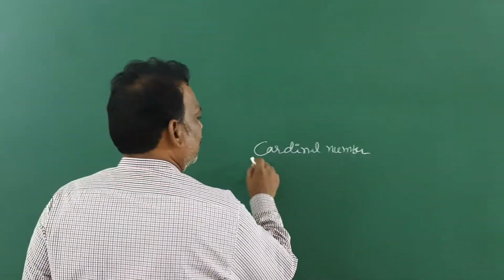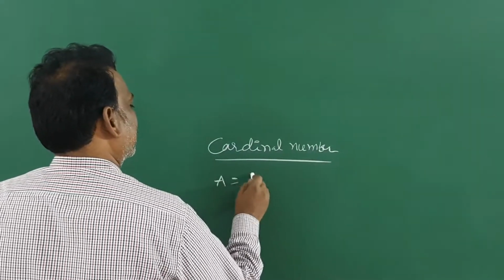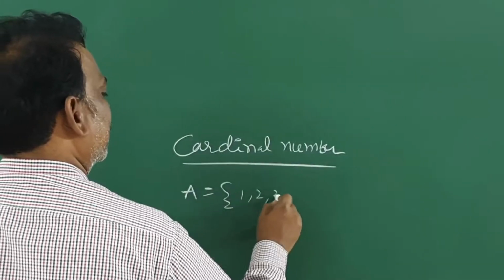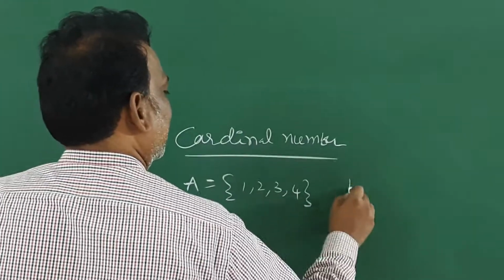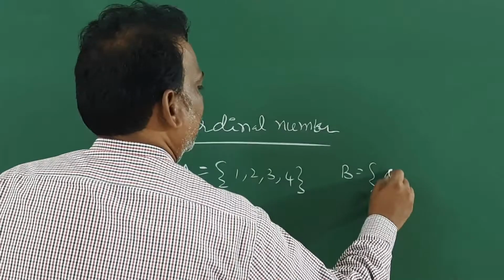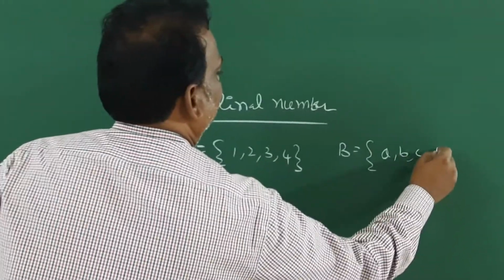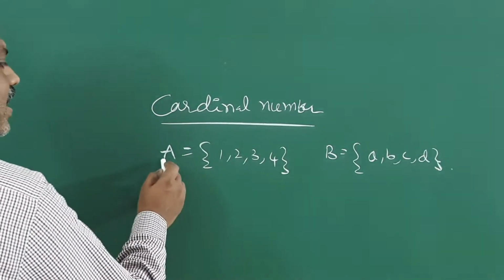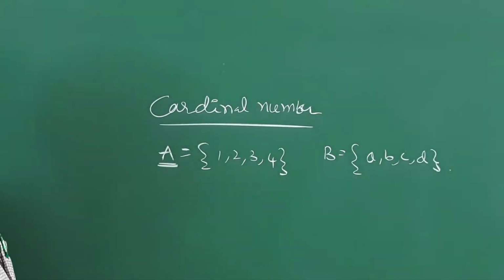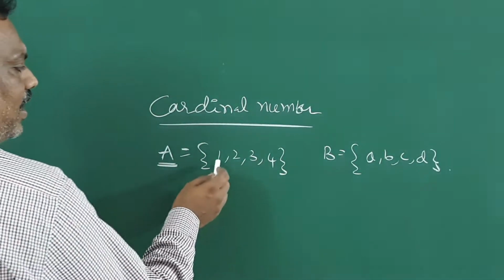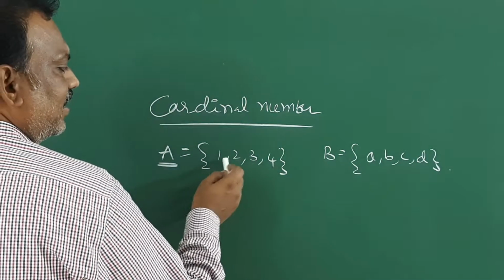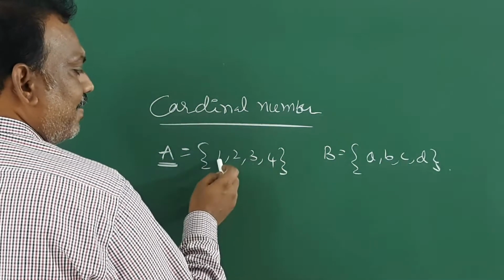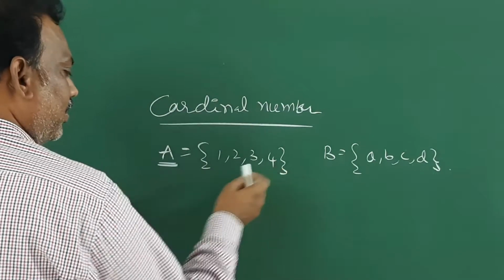For example, set A is equal to 1, 2, 3, 4 is given. Set B is equal to a, b, c, d is given. Take the number of elements present in this set. Elements, as you know very well, are the objects present inside the set. How many elements are there? 1, 2, 3, 4.